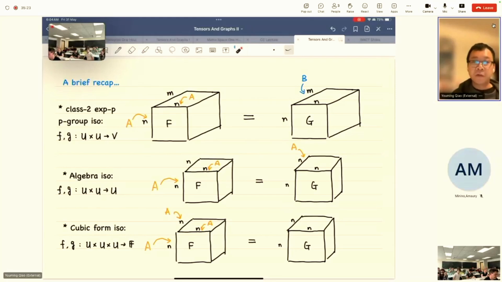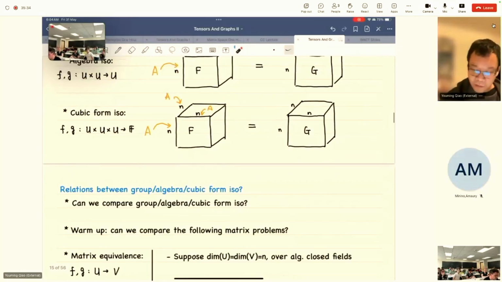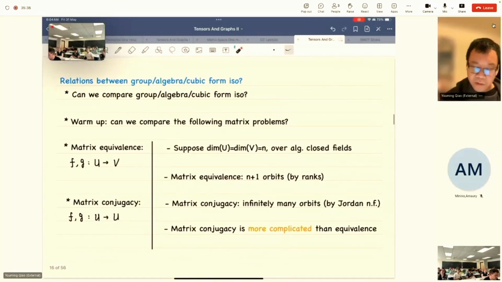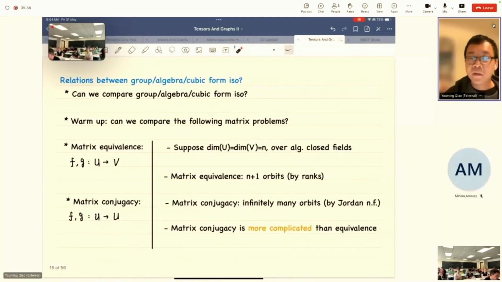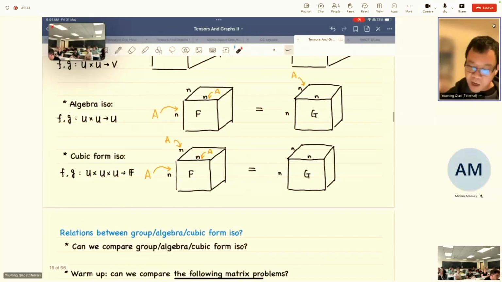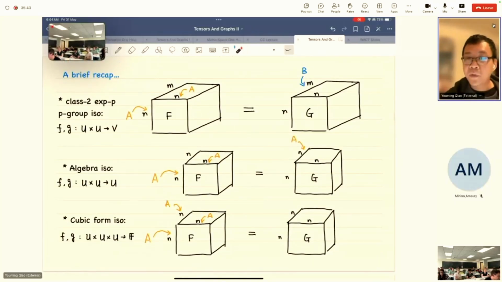So from different algebraic structures, you get tensor isomorphism, but under different group actions, right? Okay. Now, of course, the question is, are these different group actions on tensors comparable, right? Are they, for example, equivalent under the containment relation by Gelfand and Penrose-Merrill?